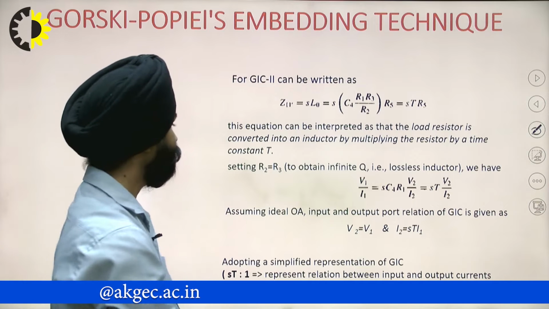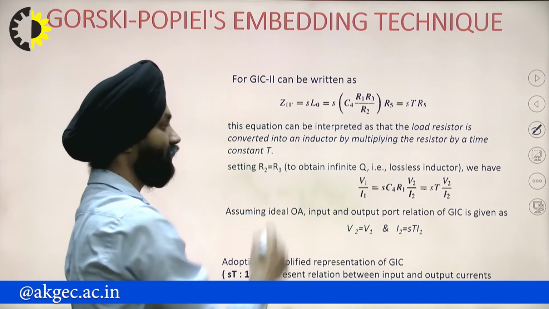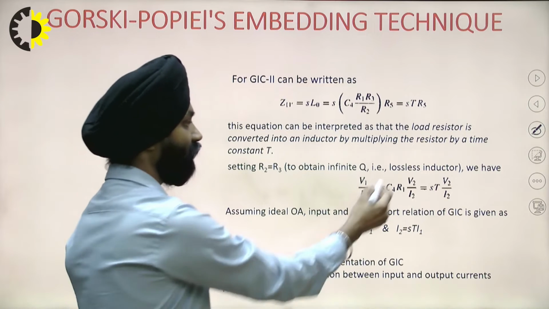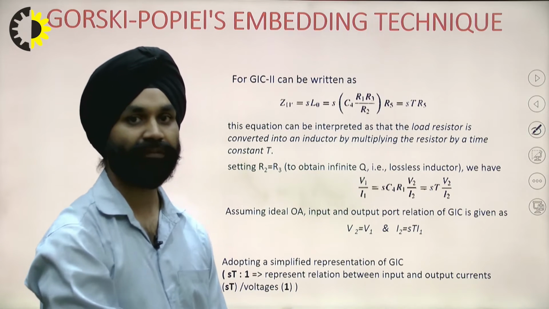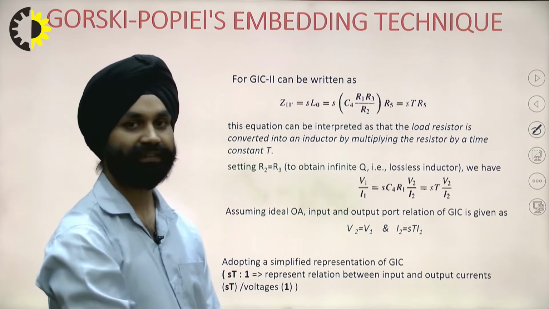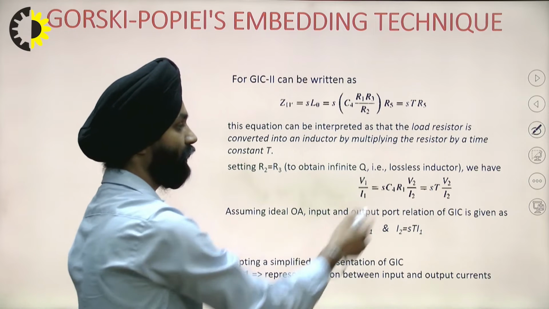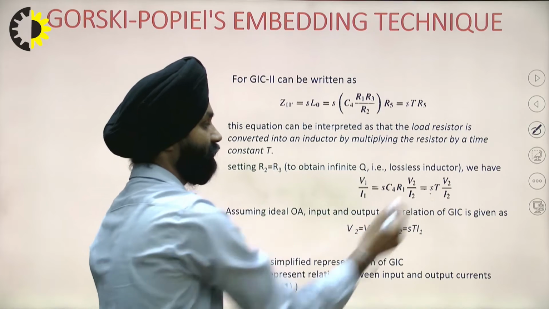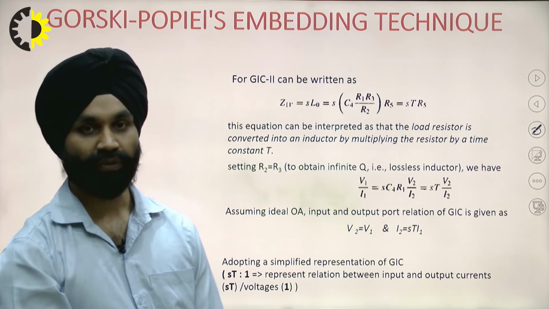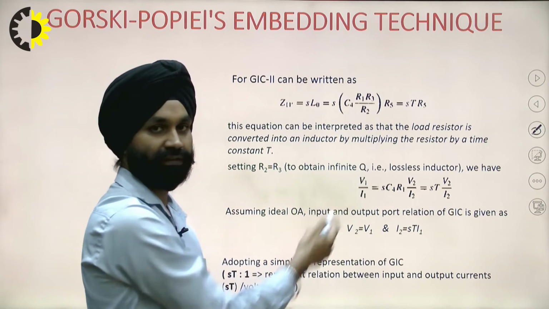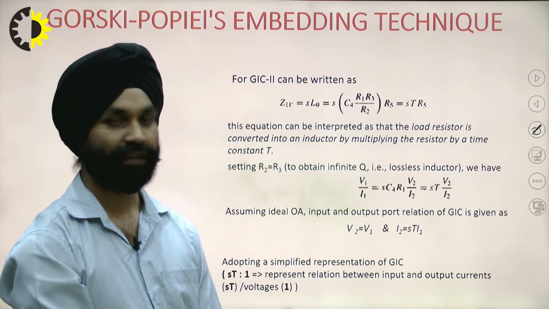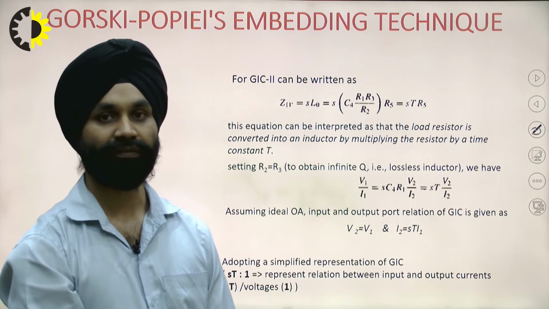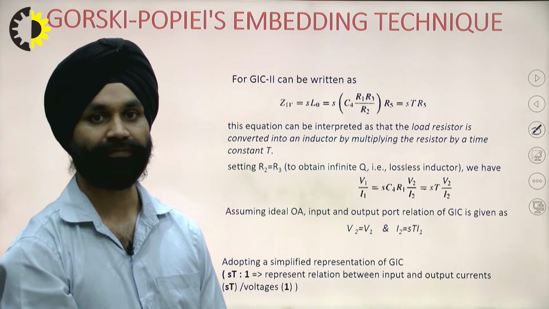So in the GIC2 circuit, if R2 is equal to R3, then to obtain a lossless inductor, we can have V1 by I1 equal to S C4 R1 V2 by I2, and we have seen that RC can be taken as T. So we can say that the input impedance, V1 by I1, is equal to S T into V2 by I2.